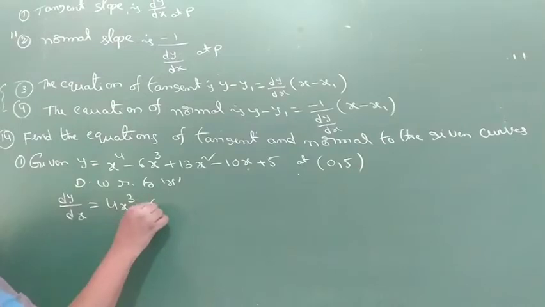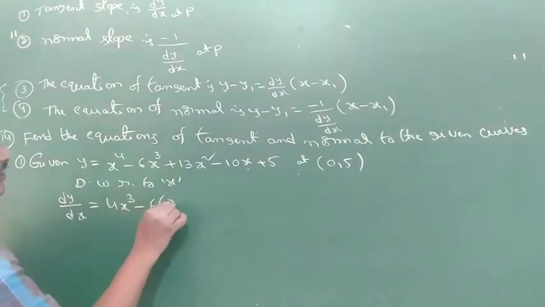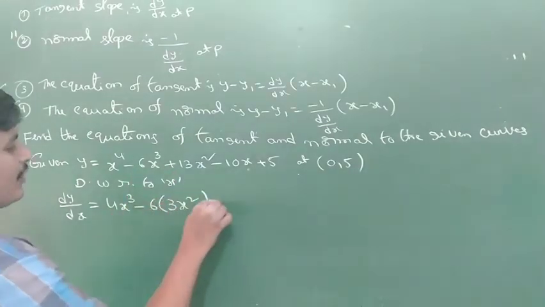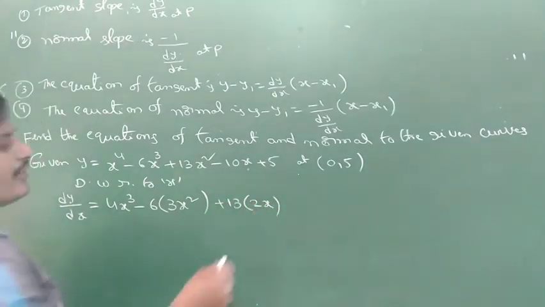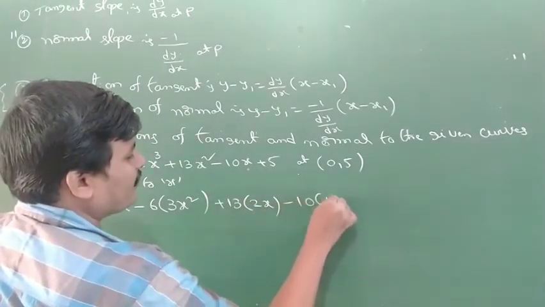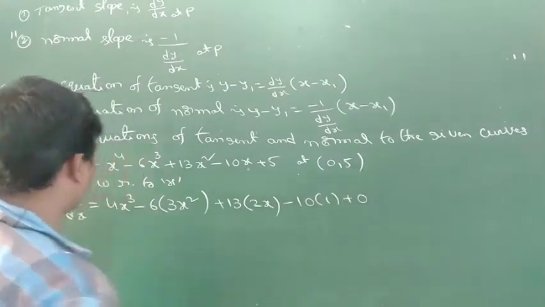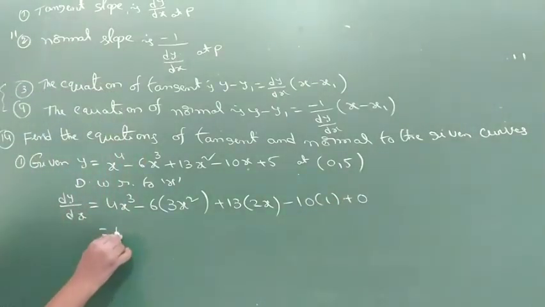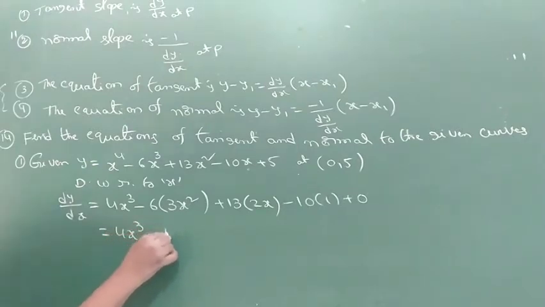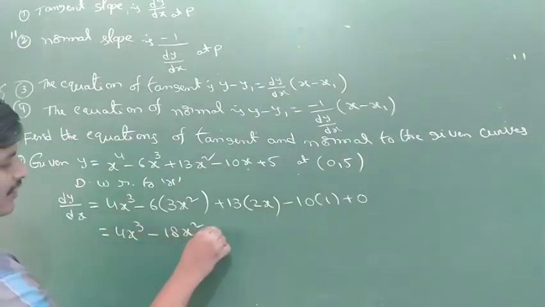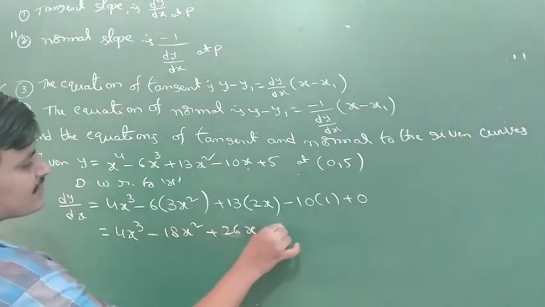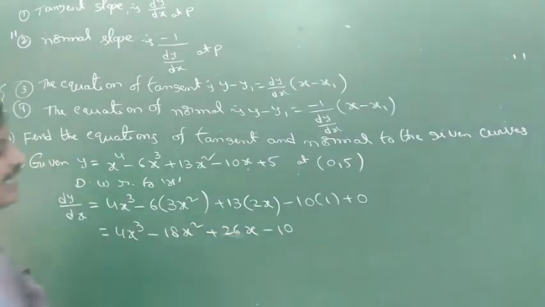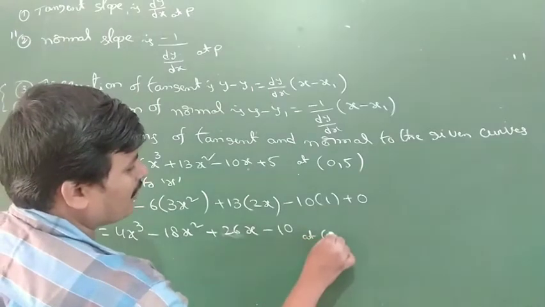Minus 6 into x cube derivative 3x square, plus 13 into x square derivative 2x, minus 10 into 1, plus 0. So that is equal to 4x cube minus 18x square plus 26x minus 10.